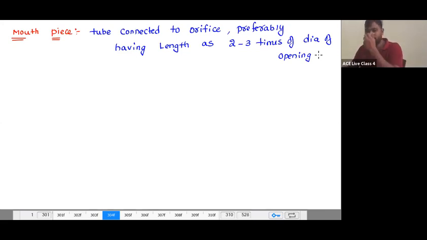So what is the mouthpiece? The mouthpiece is nothing but a tube connected to the orifice, preferably having length as 2 to 3 times the dia of the orifice.